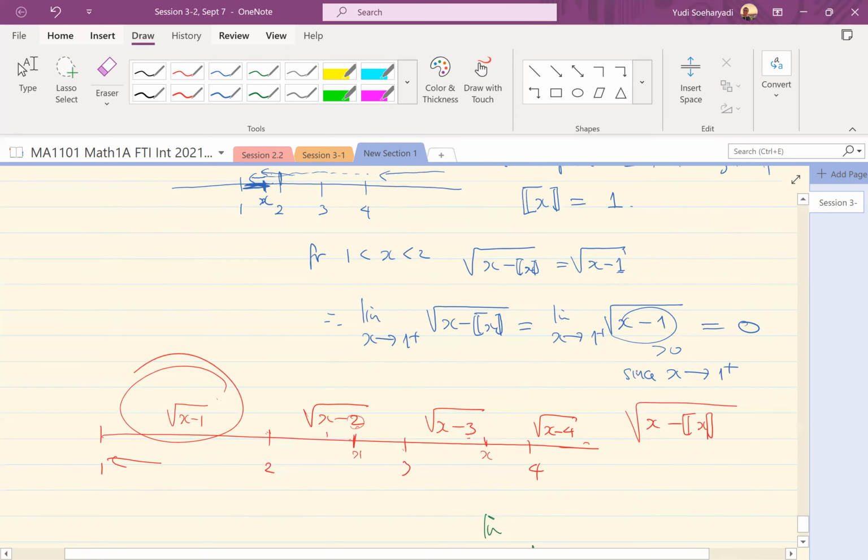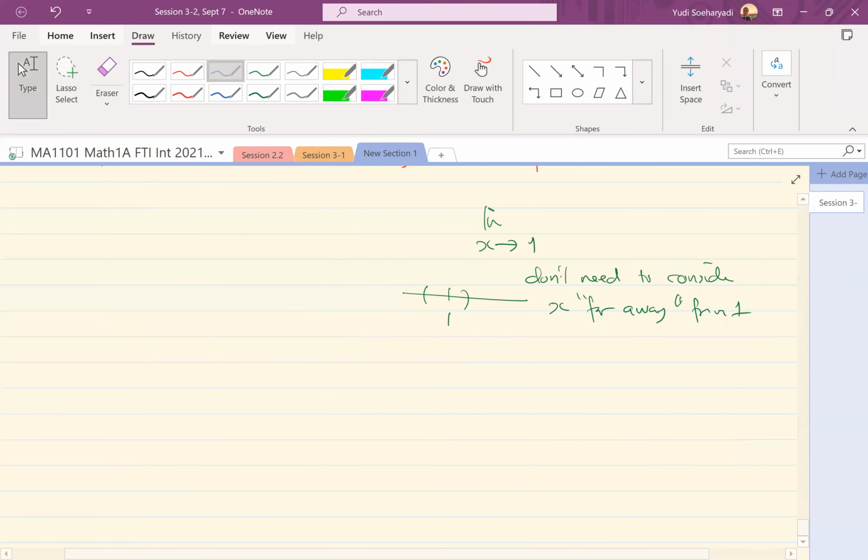Okay, one more example before we stop. Here's just the limit as x gets to 0 from the right. This notation tells you that x does not equal 0, but just gets closer to 0.